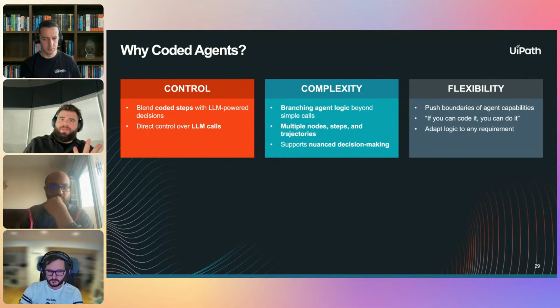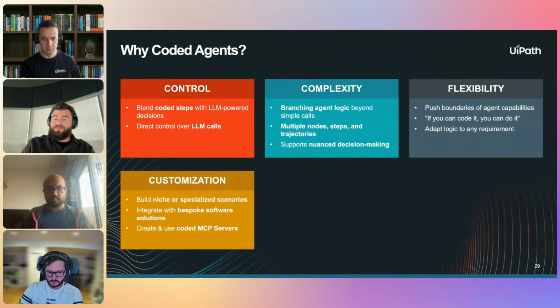In terms of flexibility, again, the principle here would be if you can code it, you can do it. So with code, you can push the boundary of what an agent can do, and you're not limited to what a prompt can interpret and how you can prompt a certain logic and behavior.